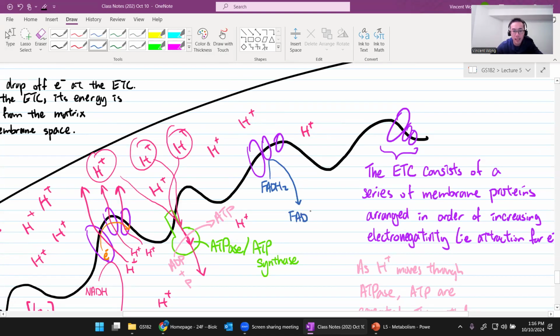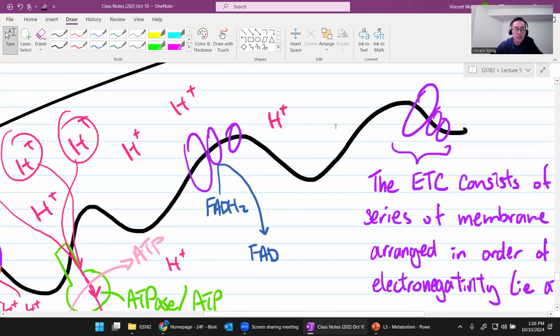Now let me zoom in a little bit. When it does that, the electron will have less time to provide the energy for pumping H+. So instead of doing it 3 times, we're just going to be able to do it 2 times.